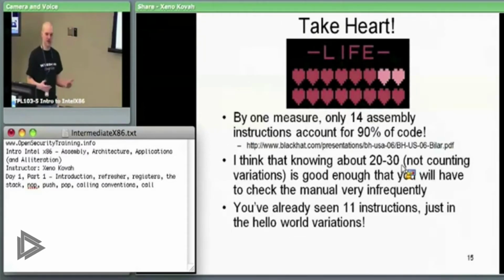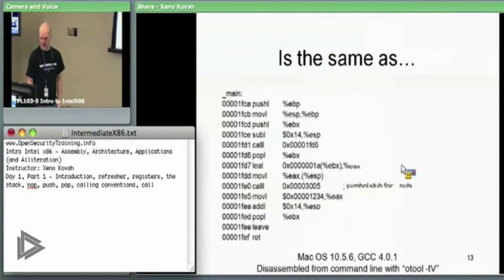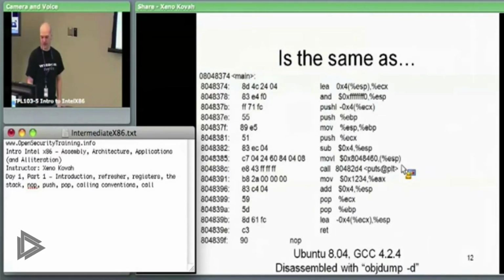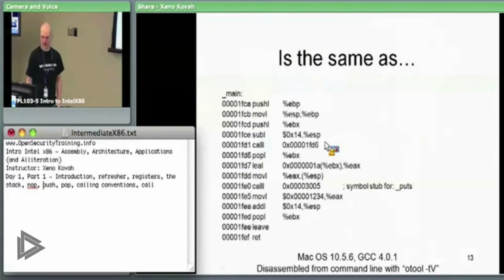You'll still have to look up some special stuff as it comes up, but we go into looking stuff up as well. And if you count all the instructions in those Hello World variants that we saw, that's actually 11 things thus far, and most of them are due to the complex Ubuntu one, right? So there's a lot of different instructions here: LEA and push, move, etc.